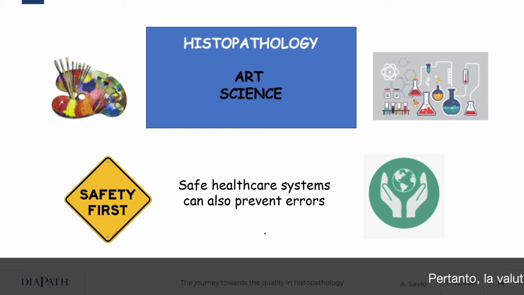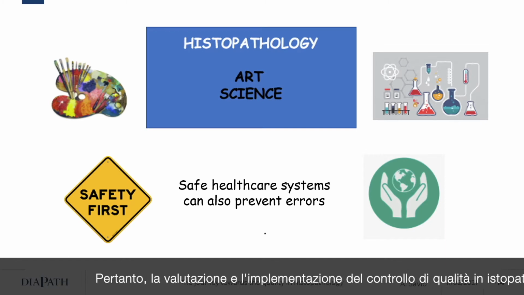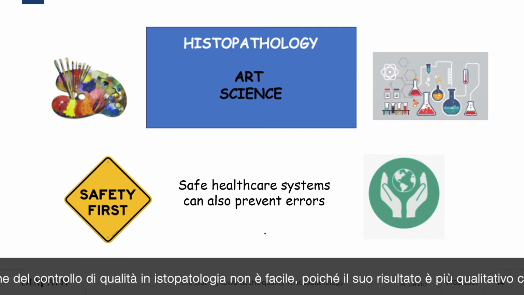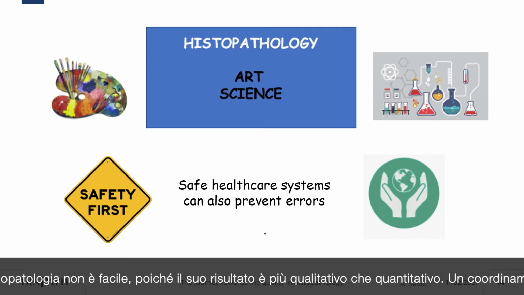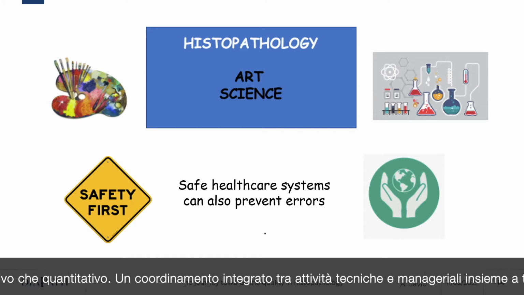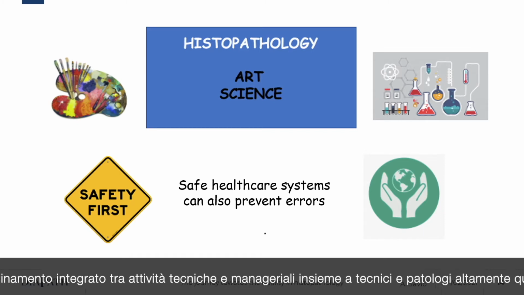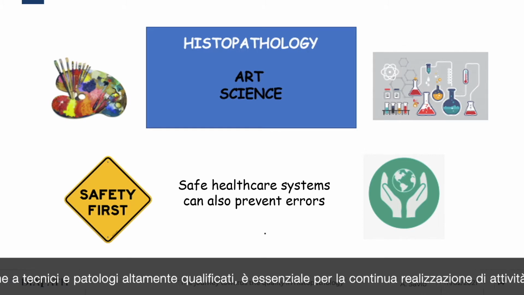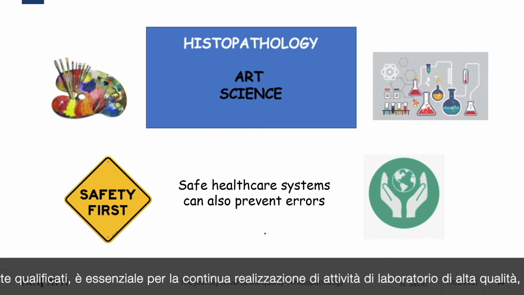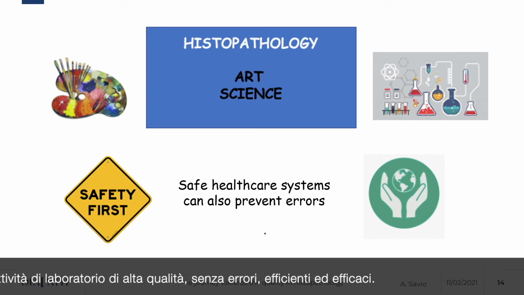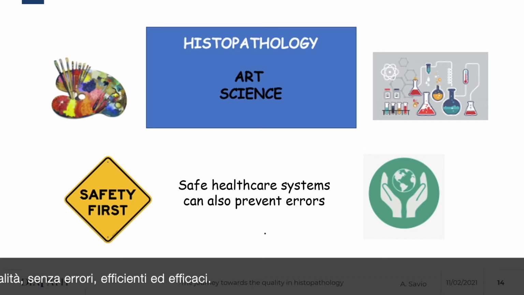Therefore, the assessment and implementation of quality control in histopathology is not easy, as its output is more qualitative than quantitative. An integrated coordination between technical and managerial activities along with highly skilled scientists and pathologists is essential for the continuous realization of high quality, error-free, efficient and effective laboratory operations.